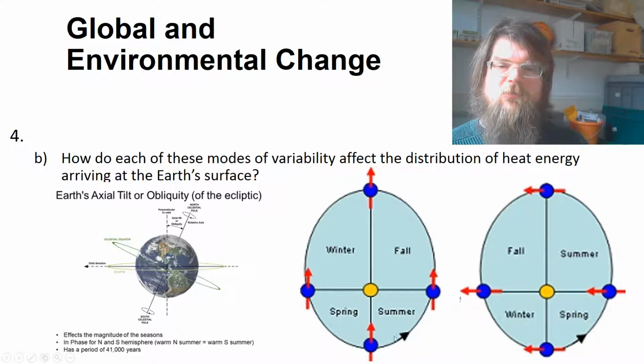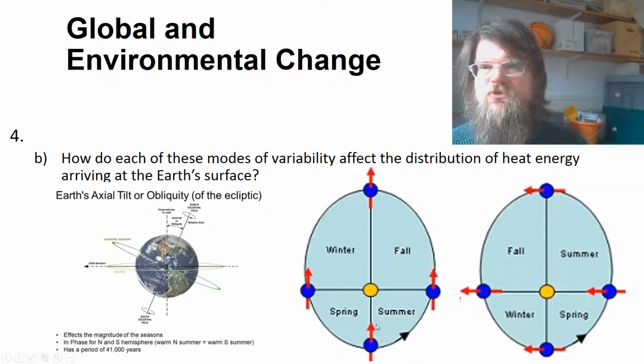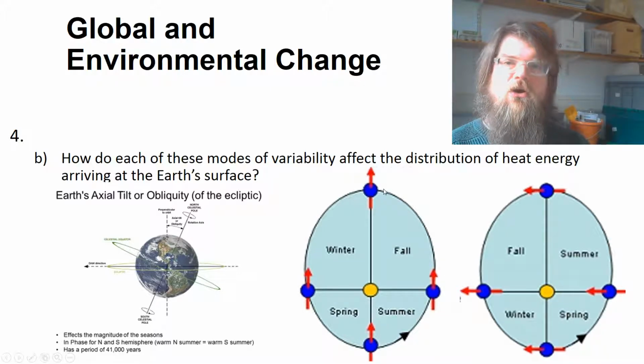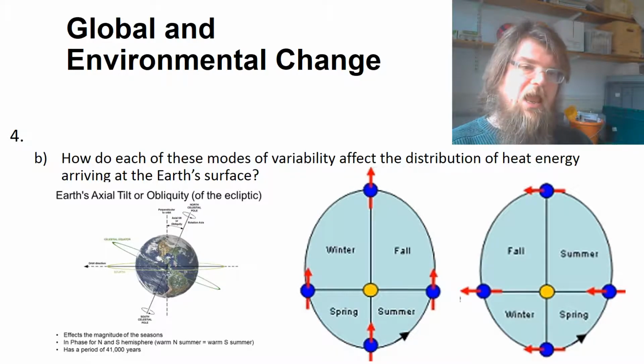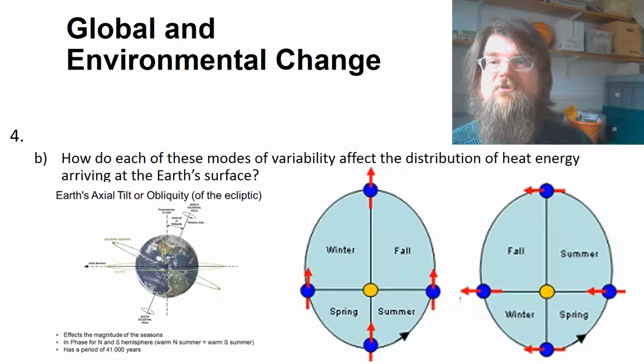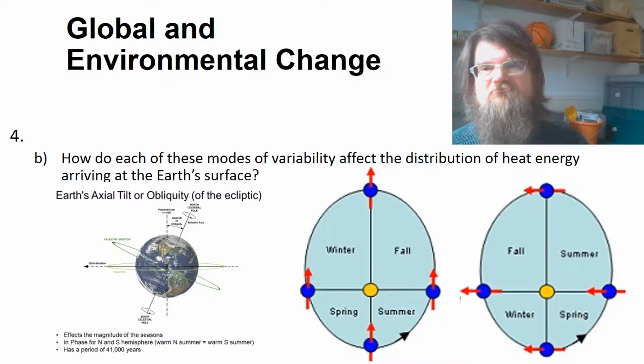So in this example, in the northern hemisphere, it might be warmer because we're close to the sun, but those seasons will be shorter. So we might get warm but short summers and then long but cold winters. This effect of the length of the seasons and the amount of radiation received in those seasons kind of cancel each other out, which is, I guess, interesting.